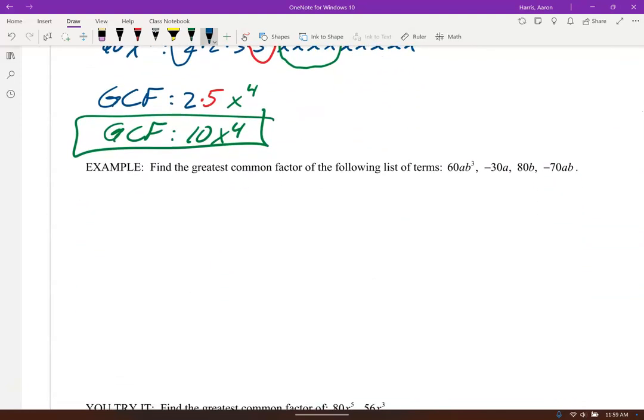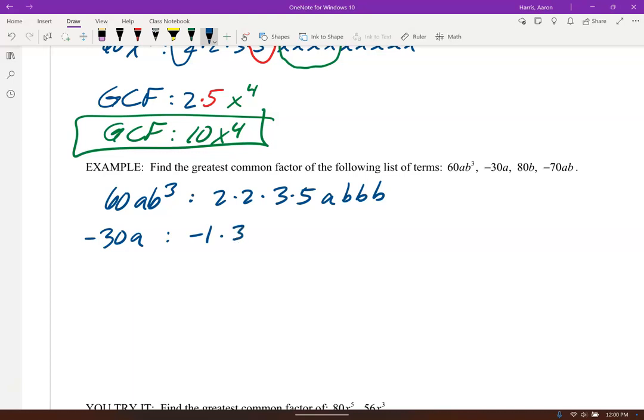How about 60ab to the third? So 60 is 4 times 15. Here's our 4, there's our 15. And then 1 a and 3 b's. Negative 30a. So we had negative 1 times 3 times 10. So let me do 10: 2 and 5.